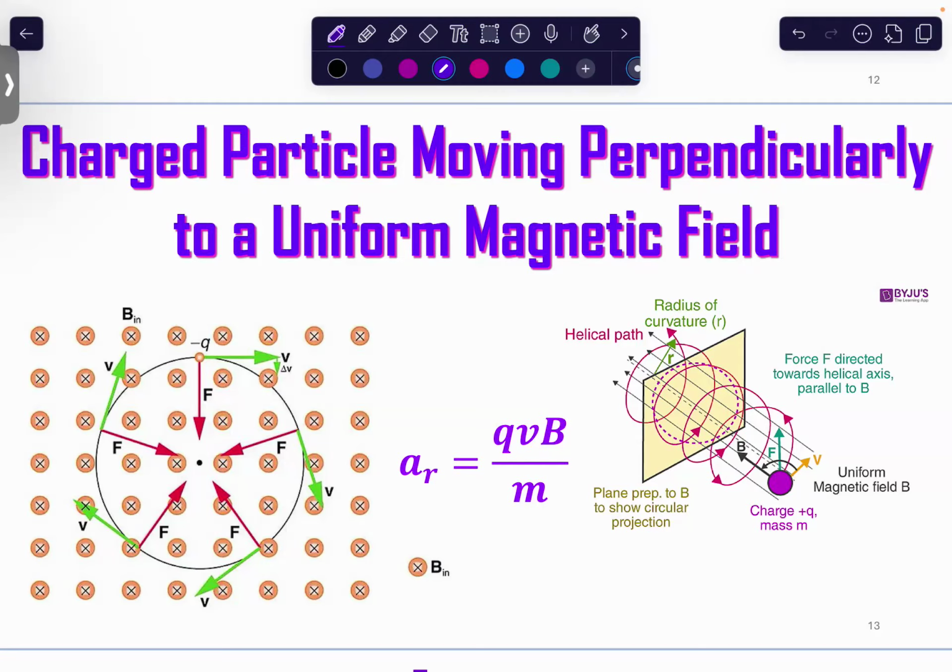This is the principle behind the mass spectrometer. The different masses of the particles entering the mass spectrometer are going to have different radii.